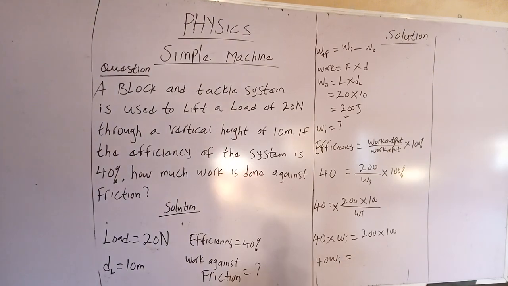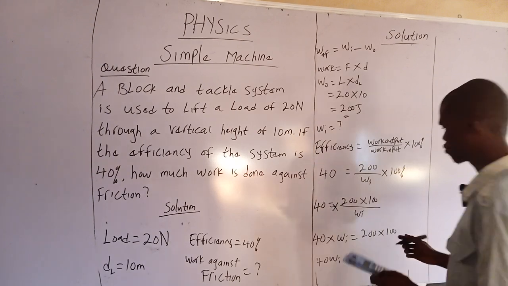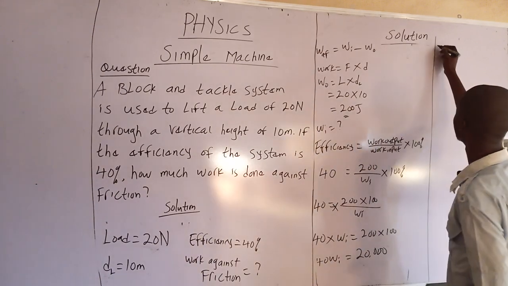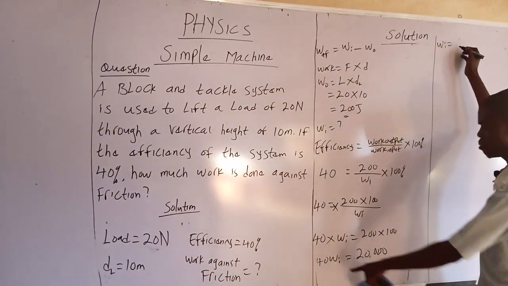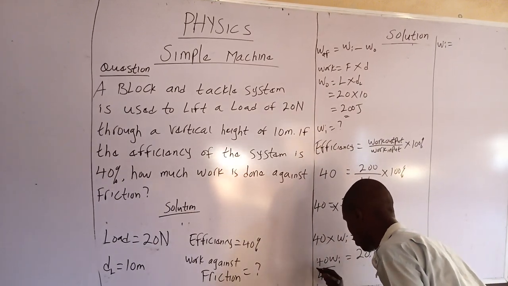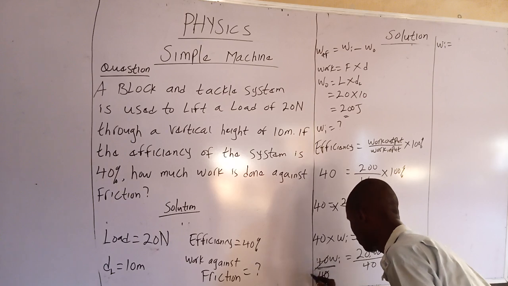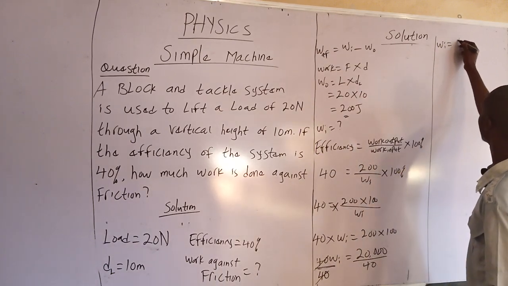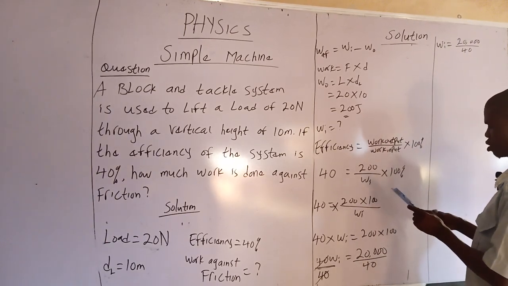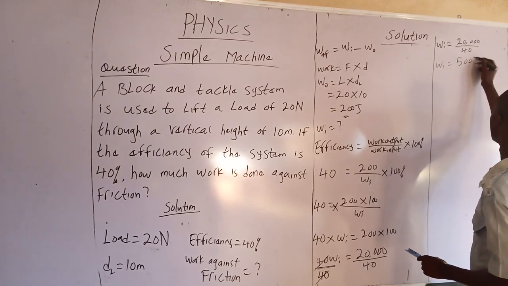Work input then becomes 20,000 divided by 40, as this 40 eliminates that 40. So when you do this, you should have 500 joules for work input.